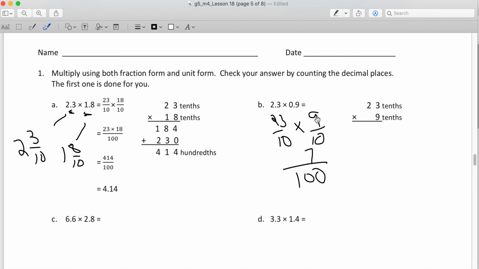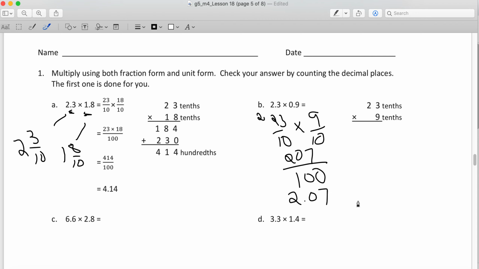Oh, multiplication facts. 9 times 3 is what? 27. Carry that 2. 9 times 2 is 18, plus 2 is 20. So now this is 207 hundredths, which is how many hundreds are in 207? There are 2 of them. And what's left over? Watch this. 7 hundredths.